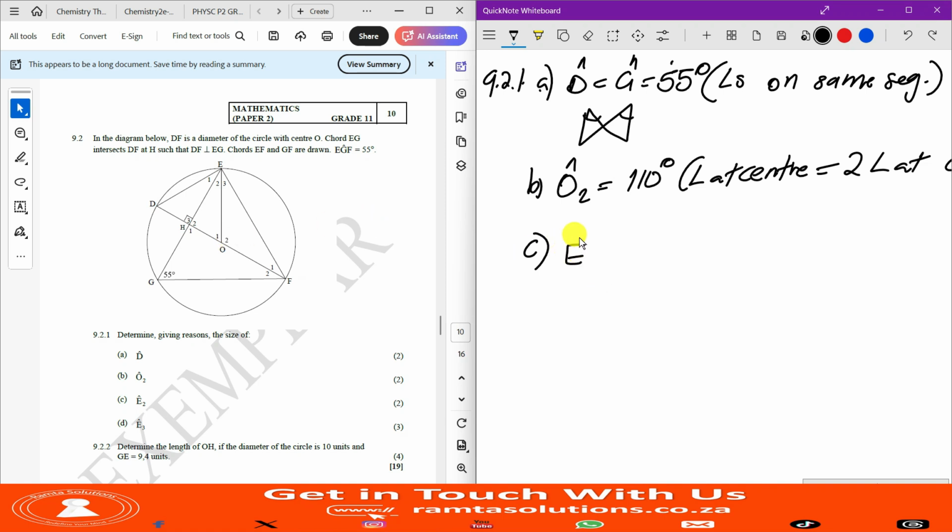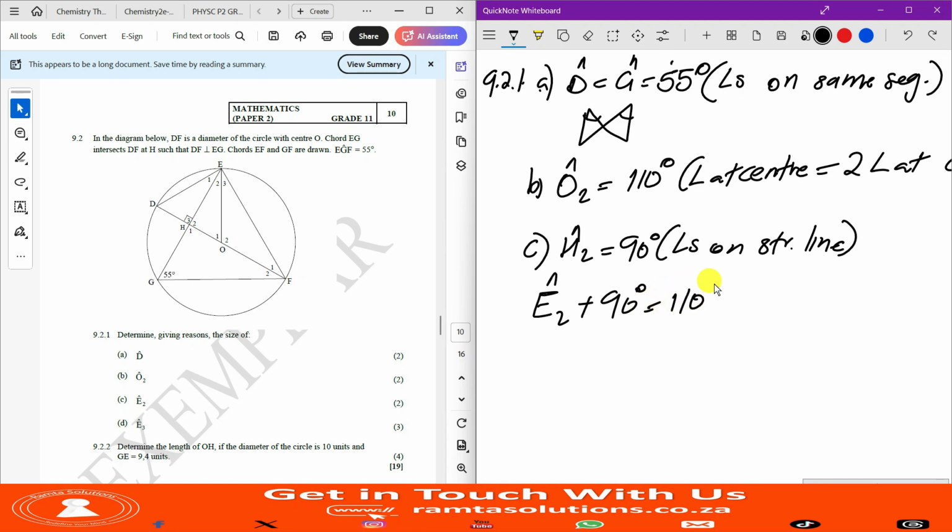Let me start by saying angle H2 is equal to 90 degrees. Why? These are angles on a straight line, isn't it? Therefore, angle E2 plus 90 degrees is equal to 110 degrees. Why is that? Because these are exterior angles.